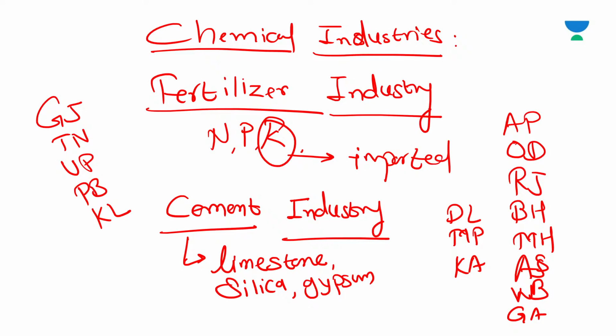So the first cement plant was set up in Chennai in 1904.